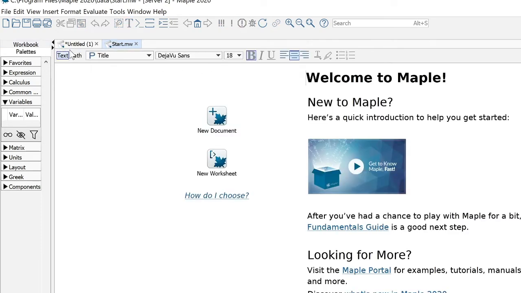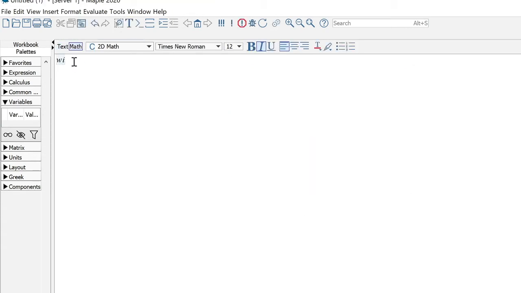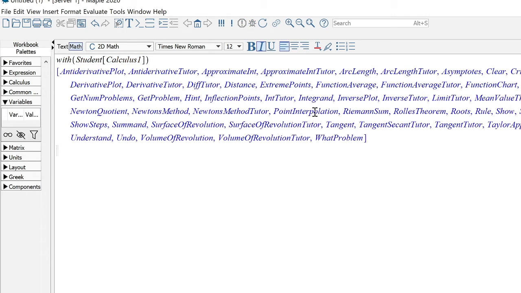We first start by calling the package with, actually it's not with plots, it's with student calculus. There we go. So we got all of our commands, and now we're going to use the Riemann sum command.